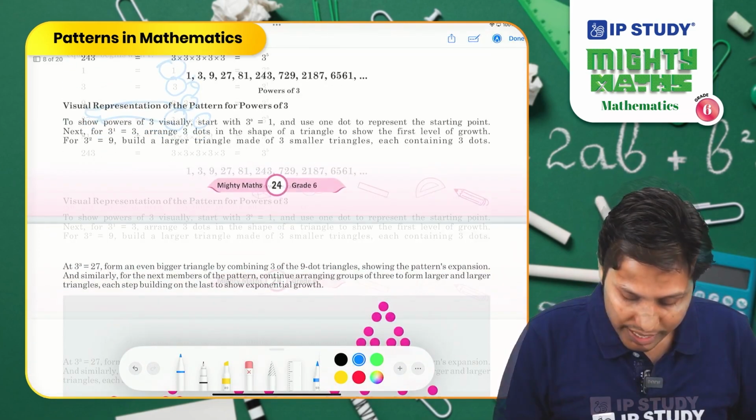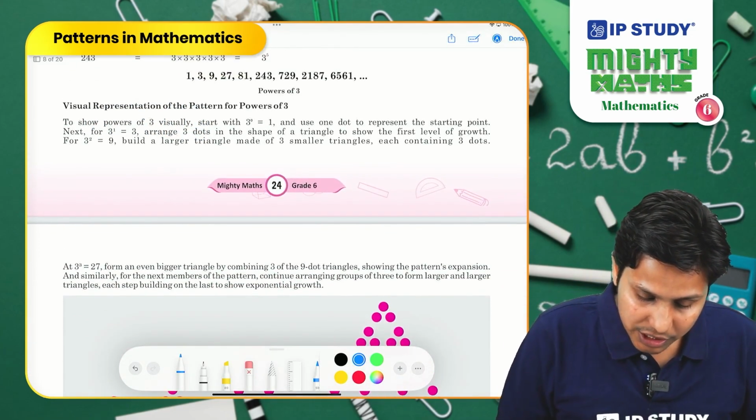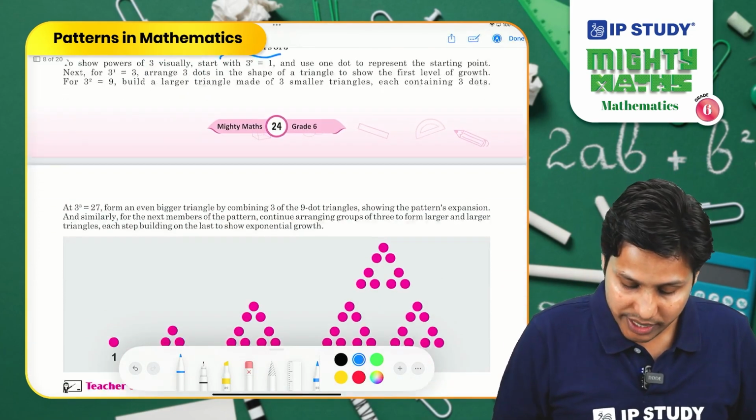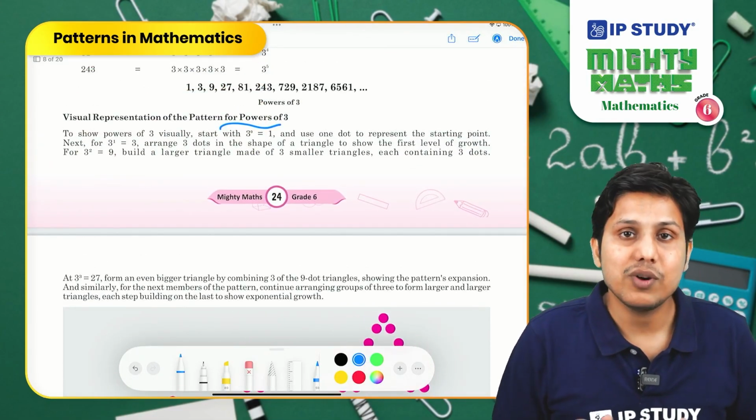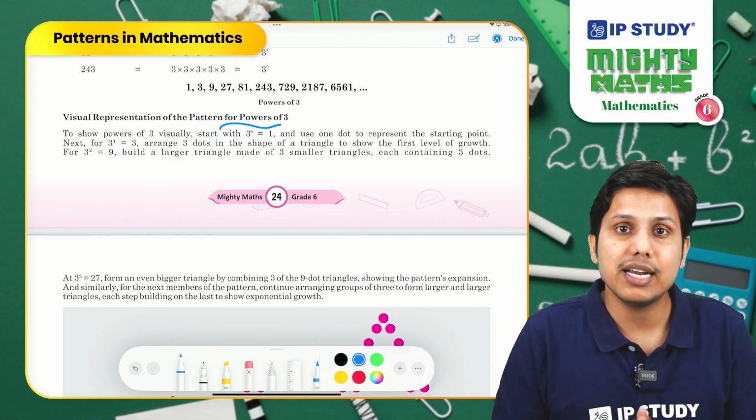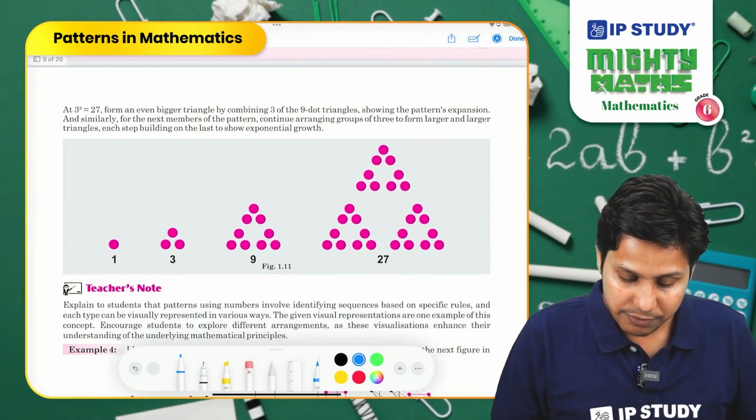Now let me explain the visual representation of powers of 3. So students, here the numbers in this sequence are 1, 3, 9, 27. We use dots to represent triangles in this form.